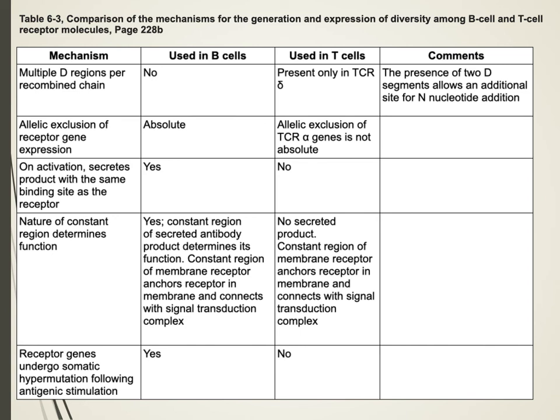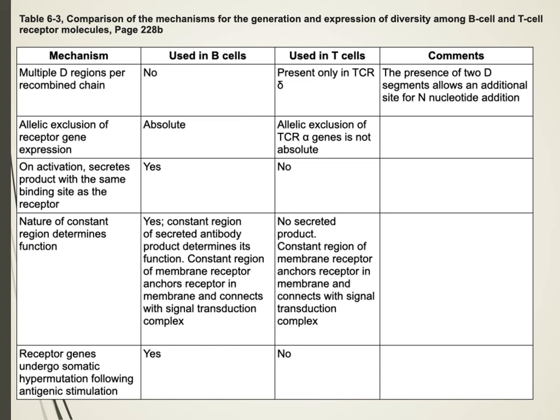And this allows for the receptor to have higher affinity to antigen. So if the B cell sees antigen, it fine-tunes its receptor, its antibody, so that it can bind stronger to the antigen. T cells don't do this. Once they've made the receptor, the affinity is what it is, okay?